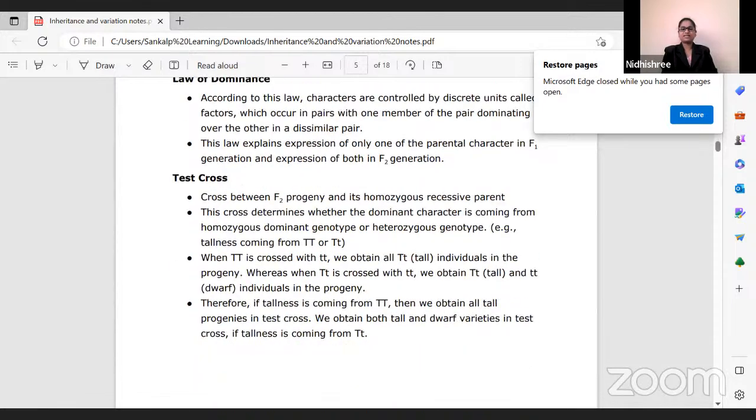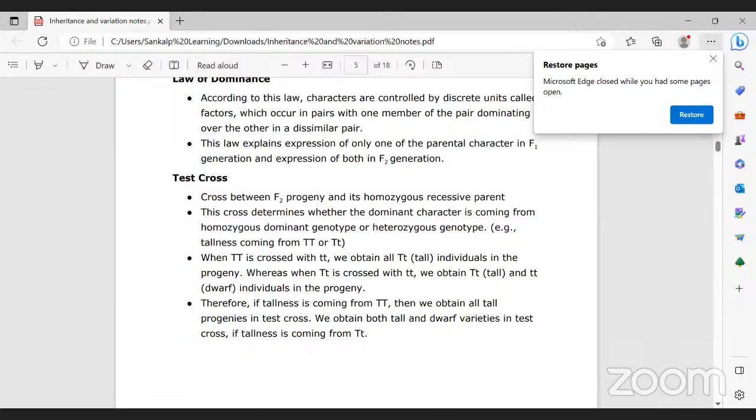Soundarya, can you read regarding test cross, please? Test cross is between the F1 progeny and its homozygous recessive parent. This cross determines whether the dominant character is coming from a homozygous dominant genotype or a heterozygous genotype. Tallness coming from TT or Tt. When TT is crossed with tt, we obtain all Tt individuals in the progeny, whereas when Tt is crossed with tt, we obtain Tt and tt dwarf individuals in the progeny. Therefore, tallness is coming from Tt.